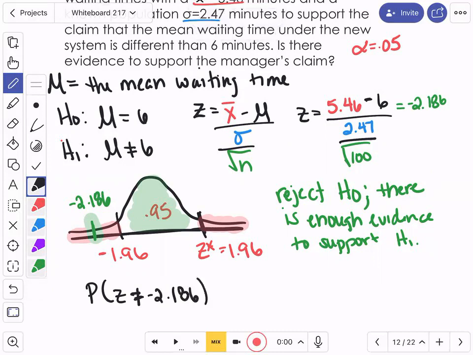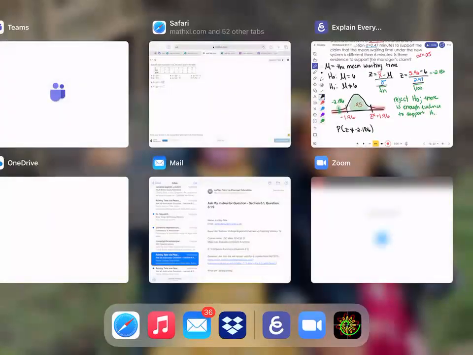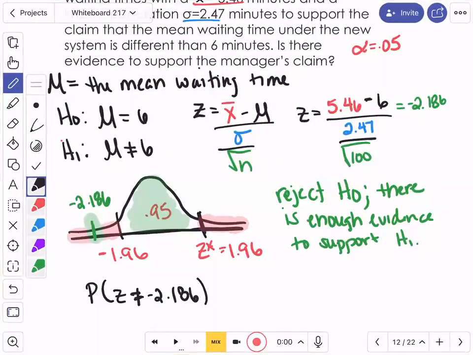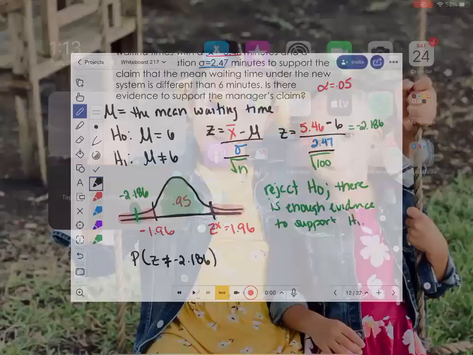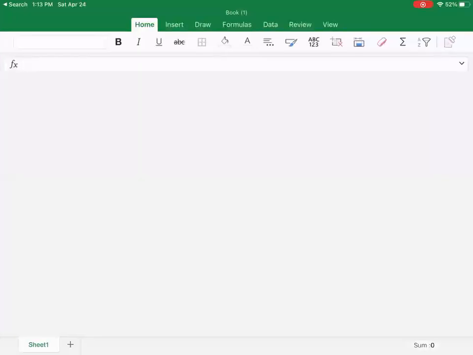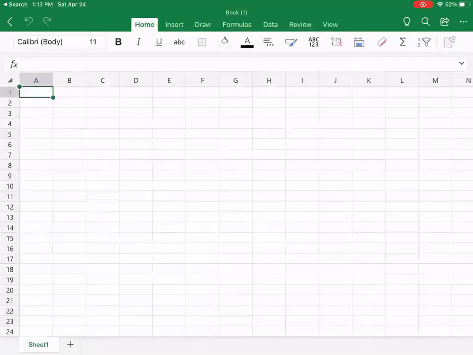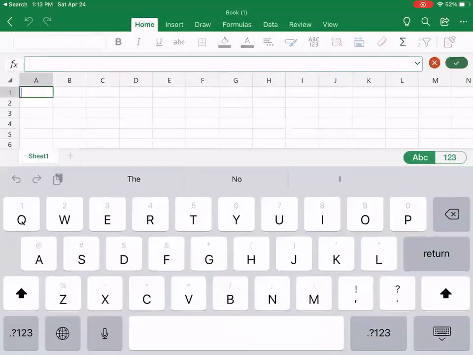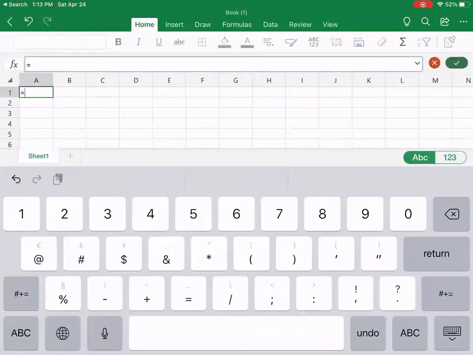The way we do that is we need to use the norm.dist function in our calculators. When I go to my Excel and do that, remember, I have a function called norm.dist, and it calculates areas.